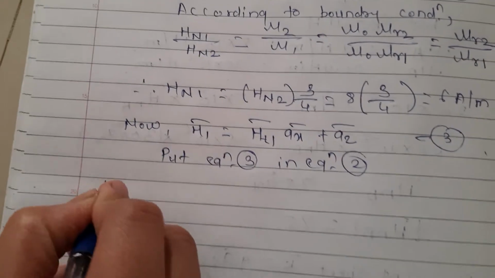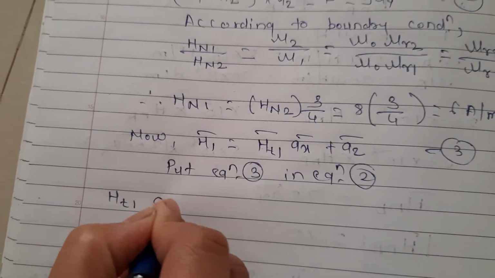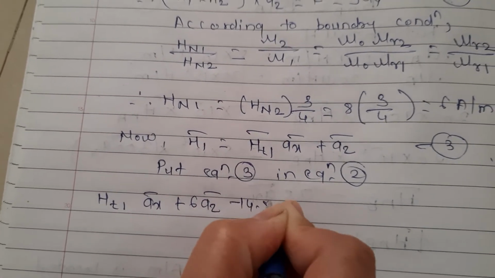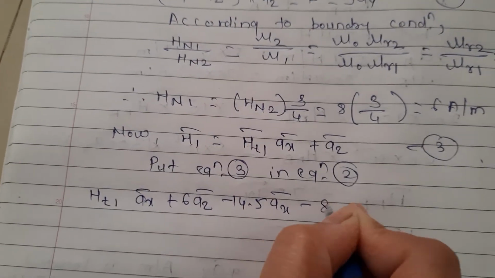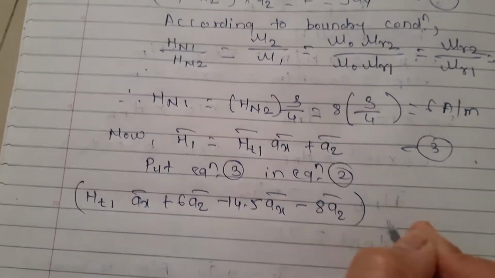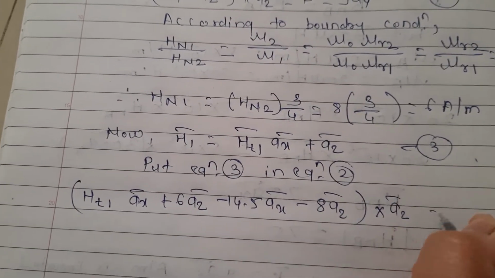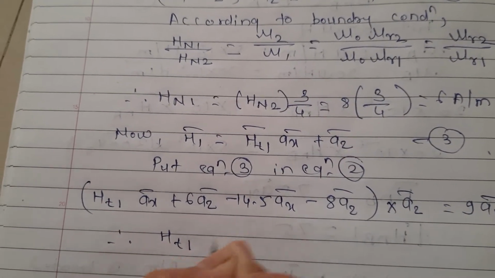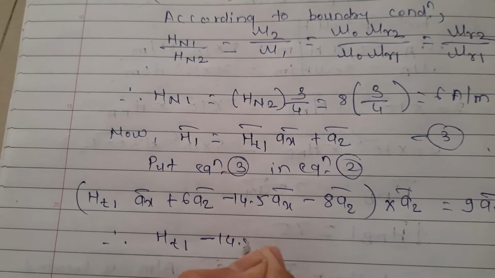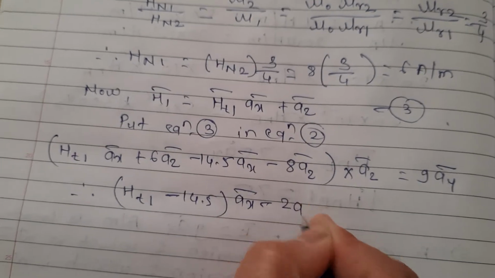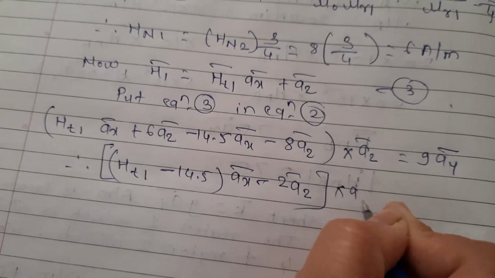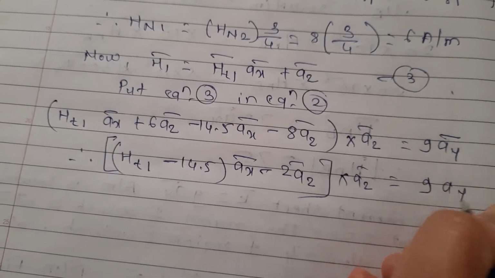So we get (Ht1 aX bar plus 6 aZ bar minus 14.5 aX bar minus 8 aZ bar) cross aZ bar is equal to 9 aY bar. So our equation is (Ht1 minus 14.5) aX bar, common, taken outside the bracket, minus 2 aZ bar, cross aZ bar, is 9 aY bar.